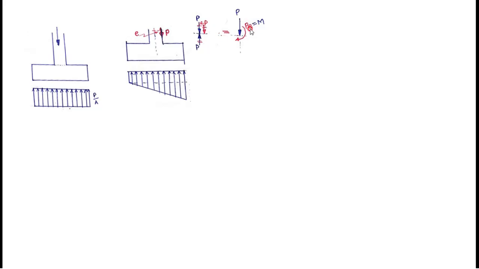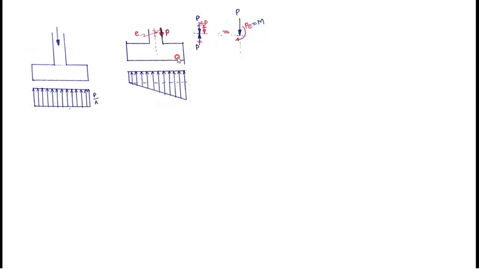P into e will be a moment and this load will be left alone here. Okay, the P which is acting away from the center of the footing, and this diagram and this diagram look the same. Means if a force and moment are given, it is nothing but a force acting with a distance e on the footing.